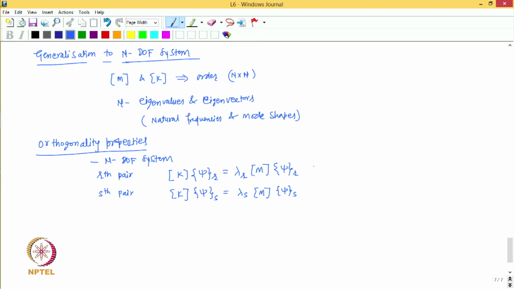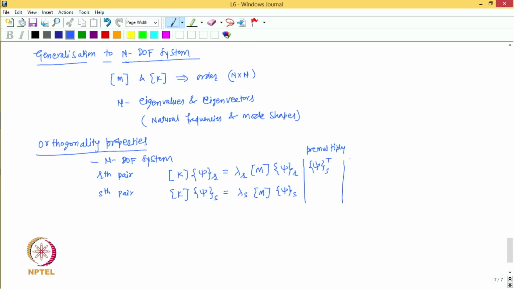And if I now pre-multiply this by psi s transpose, and then also take the transpose of the resulting equation, then what am I going to get?